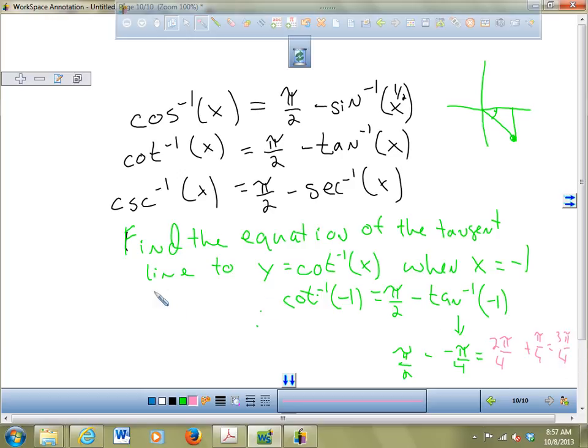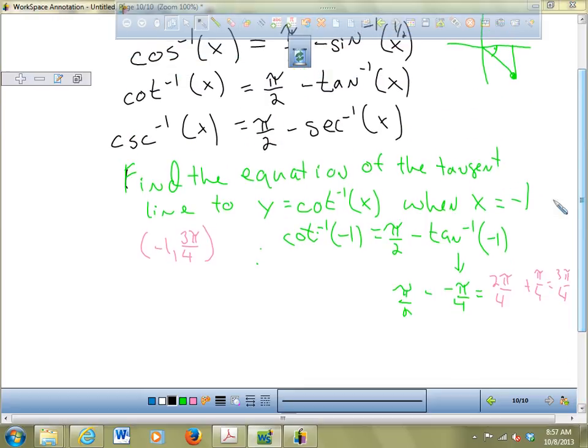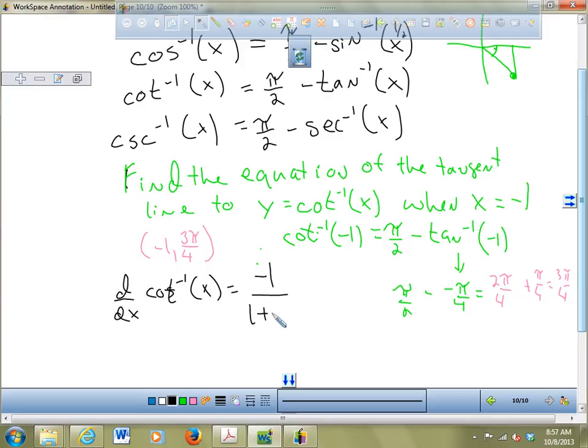So that gives me a point for my tangent line and my normal line. And now I have to find the slope at that point. Can anyone recite the formula for the derivative of inverse cotangent? d/dx of inverse cotangent of x is equal to negative 1 over 1 plus x squared.